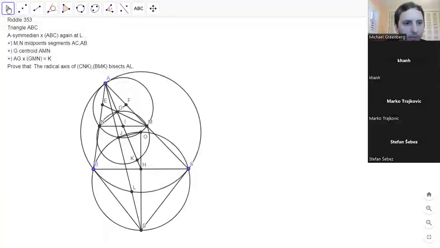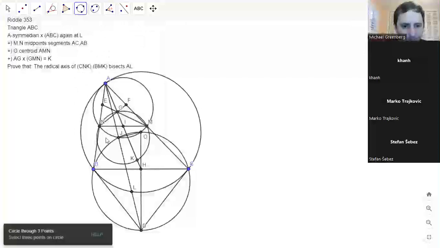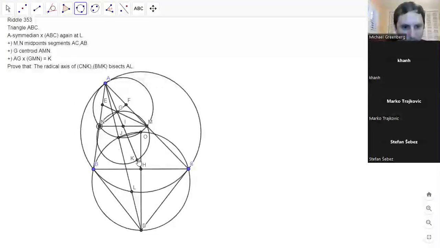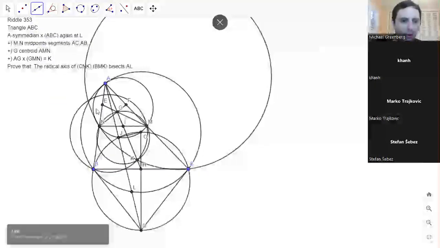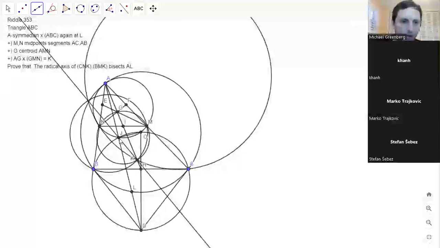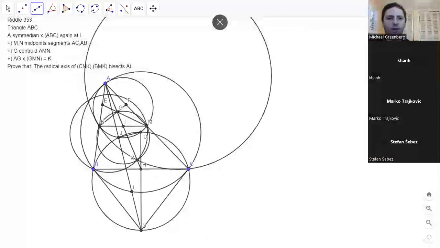Okay, so we have CNK, BMK, and we draw KJ. And indeed, that's the radical axis. Okay, so can we calculate the power of J with respect to those circles? That is the question.